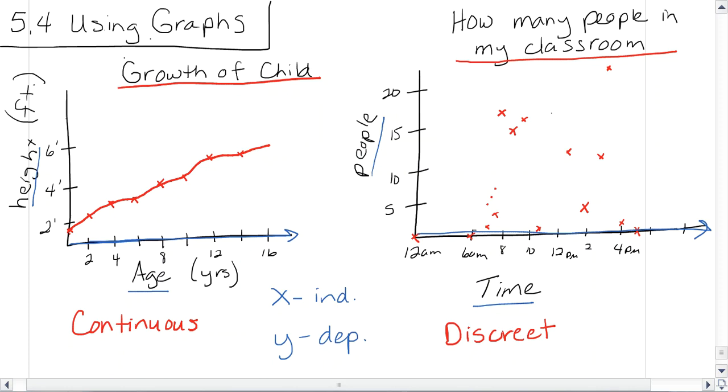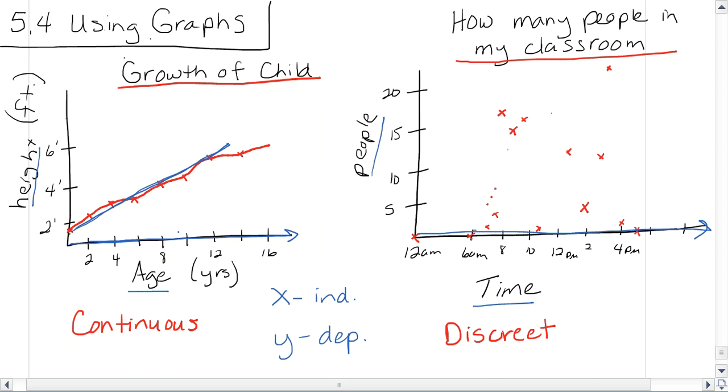Another thing we will be asked to do is describe the general trend. In this growth of a child, the trend looks pretty easy for me to describe. It's quite plain that the older the child gets, the taller they get. So as one is increasing, the other is increasing. Sometimes these graphs do show a trend.